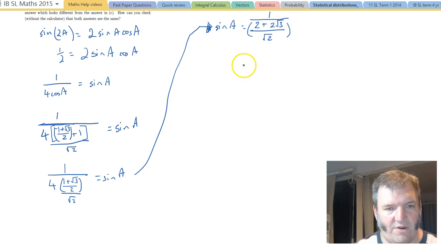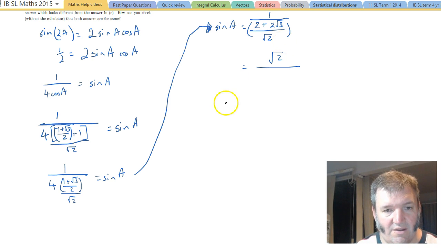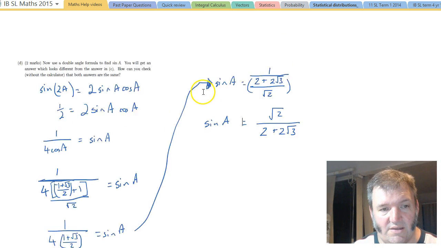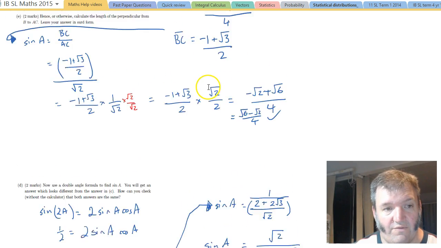Okay, so when we're dividing by that, we get root 2 divided by, because we're multiplying by the reciprocal now, so 1 divided by that is 1 multiplied by root 2 over 2 plus 2 root 3. And that's a good enough expression. That's a different expression to (root 6 minus root 2) over 4.